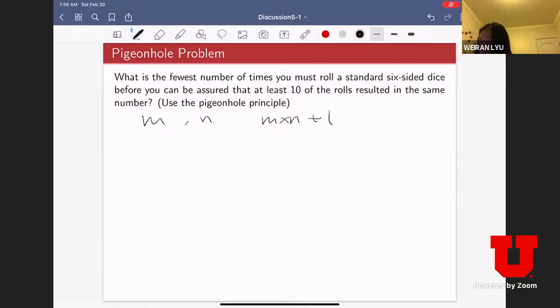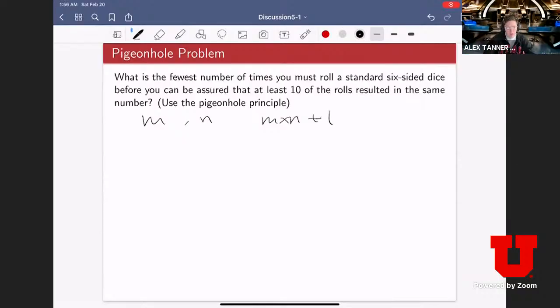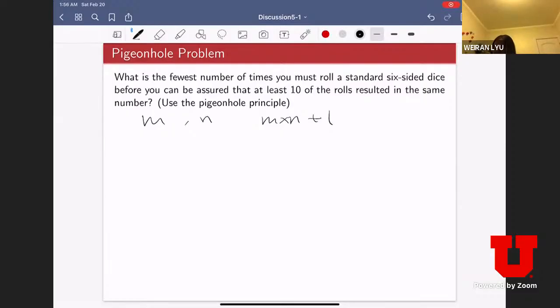All right, so anybody want to share what they got for the fewest number of times you must roll? 55. Do you want to explain how you got that? Yeah.